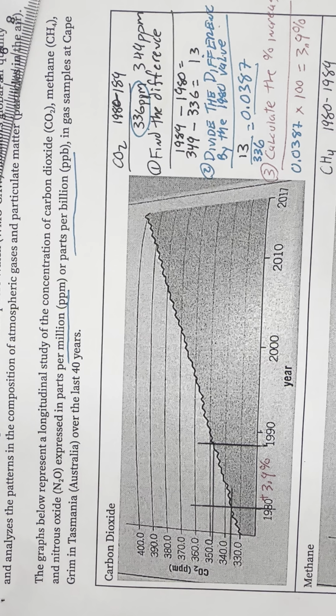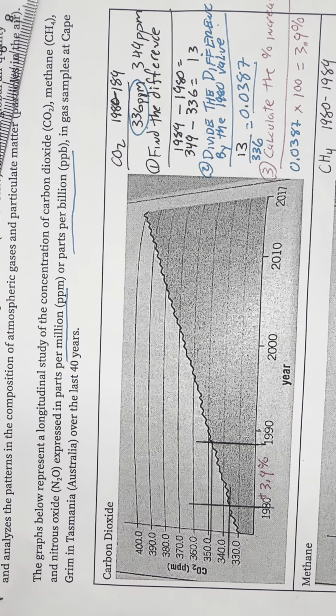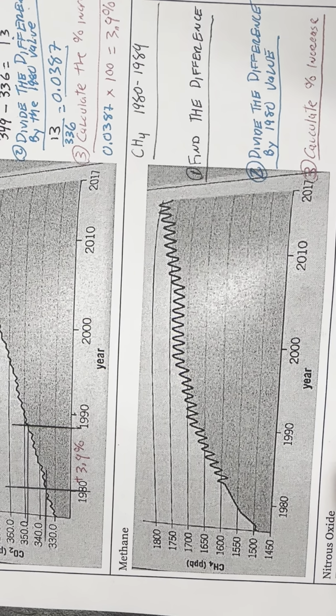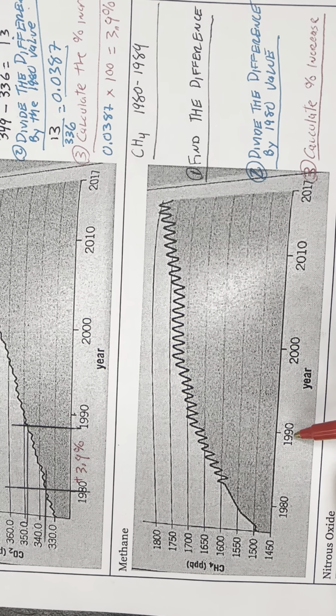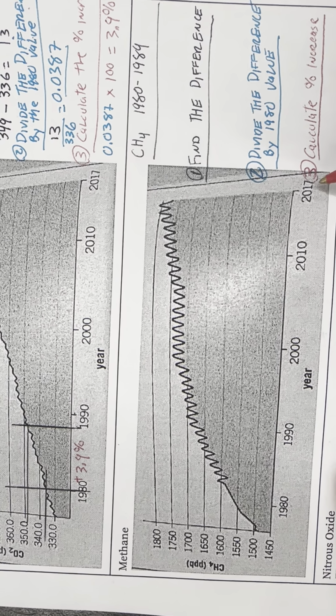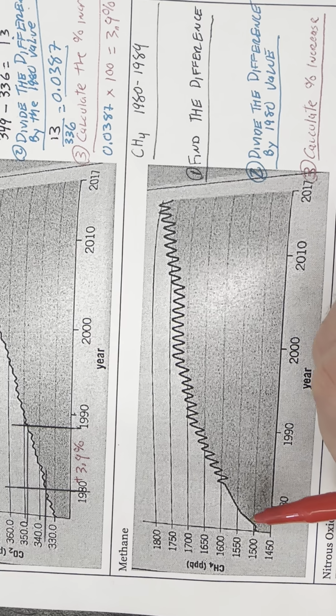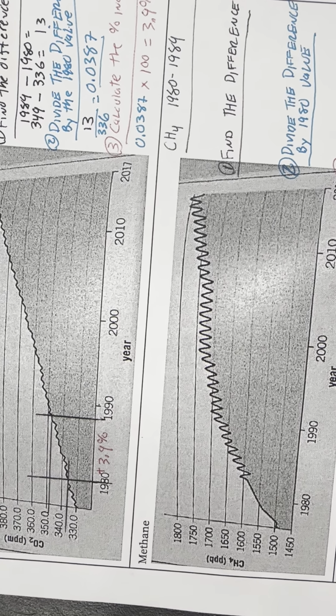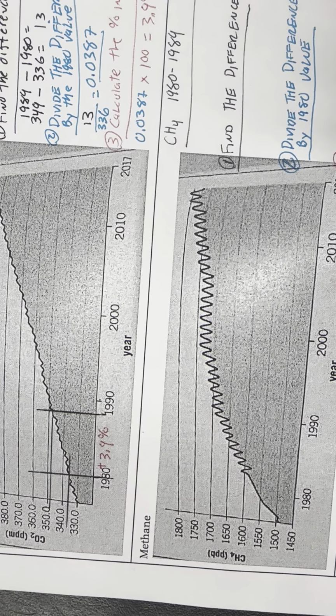So now I've done that for carbon dioxide, and I need to do the exact same set of calculations for the next graph, which in this case is methane. You're going to notice again that it's the decades 1980, 1990, 2000, 2010, 2017. You're going to have data that does this weird up and down thing, but we're still doing the same thing.